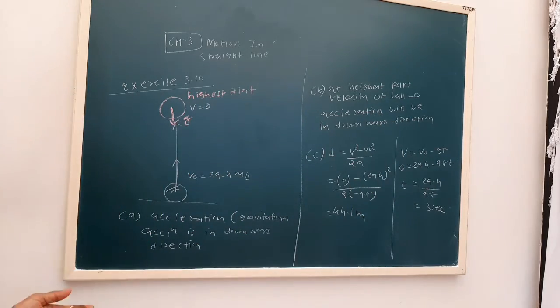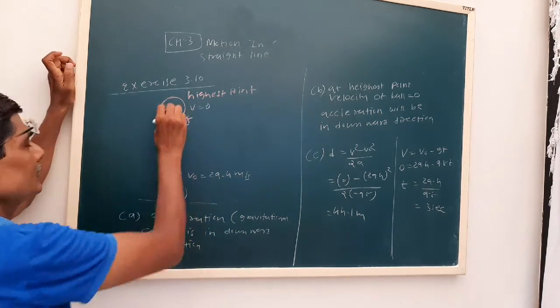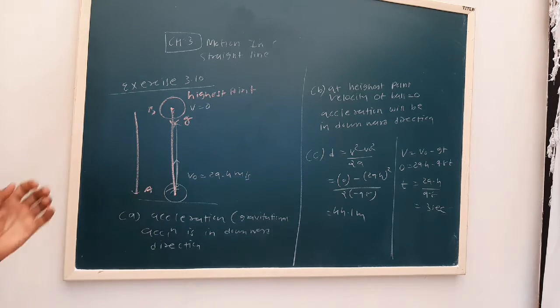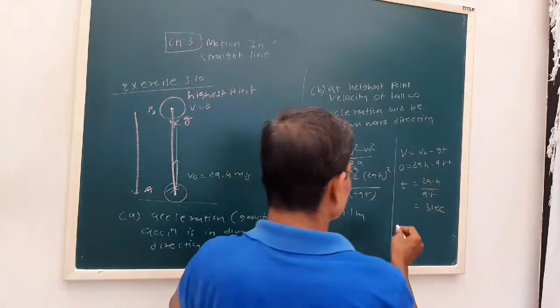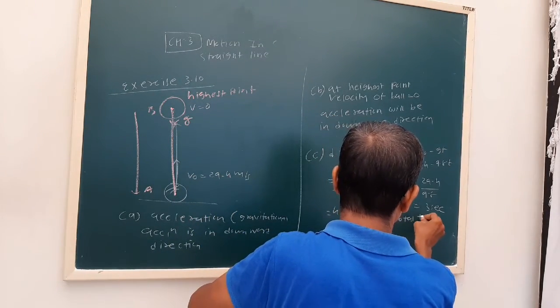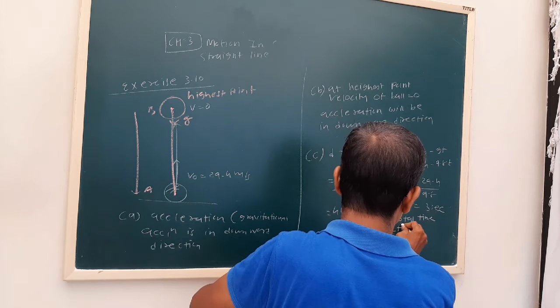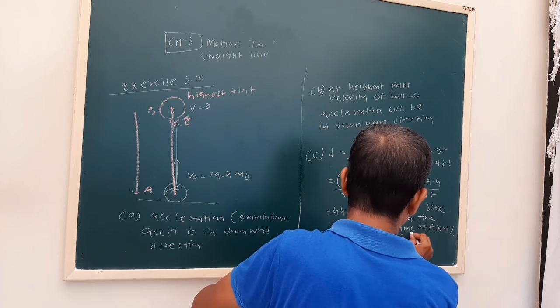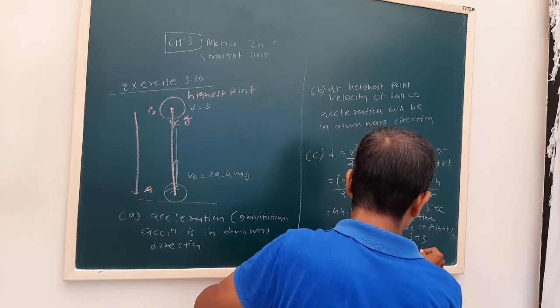This is the time taken for the upward journey, let us say from A to B. When it comes down, it will take the same time. So total time of flight will be 3 plus 3, that is 6 seconds.